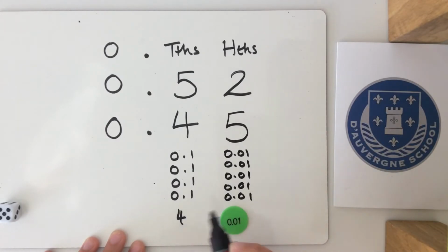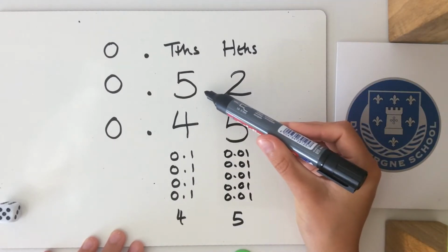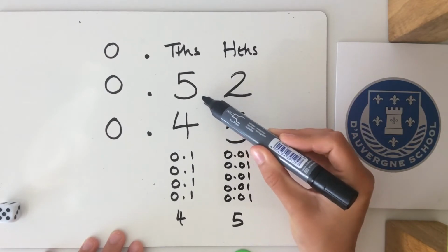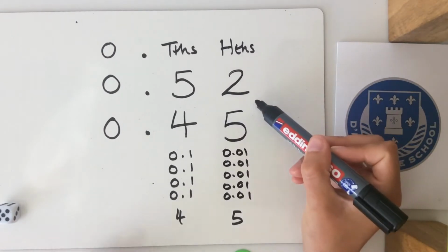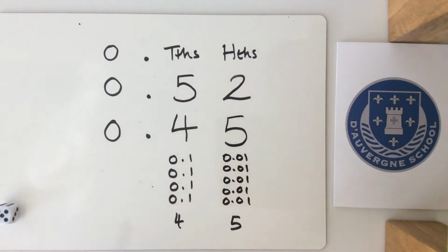So we've got 4 tenths discs and 5 hundredths discs. How many tenths discs would we need here for 0.52? We'd need 5 tenths discs and 2 hundredths discs. Okay, so if that helps you to draw out the number discs, then do feel free.